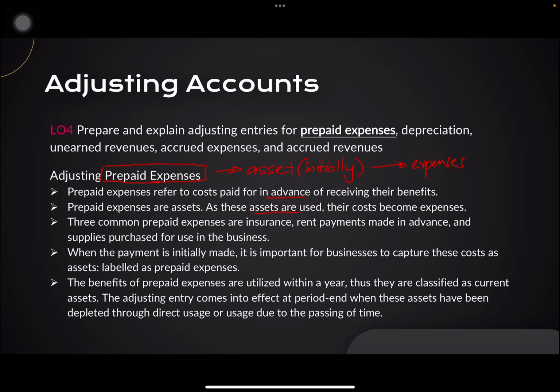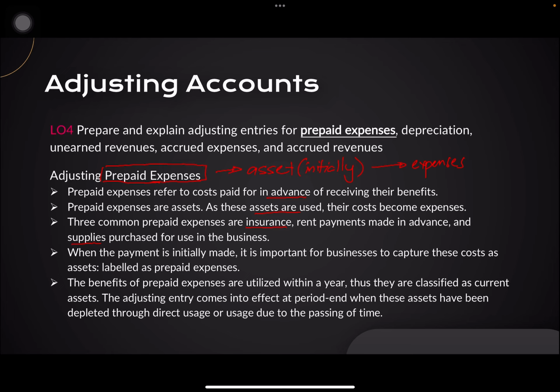So the common types of prepaid expenses would be insurance, rent payments made in advance, and supplies purchased for use in the business. For this video, we will be focusing on prepaid insurance and supplies. When the payment is initially made, it is important for business to capture these costs as assets, labeled as prepaid expenses.